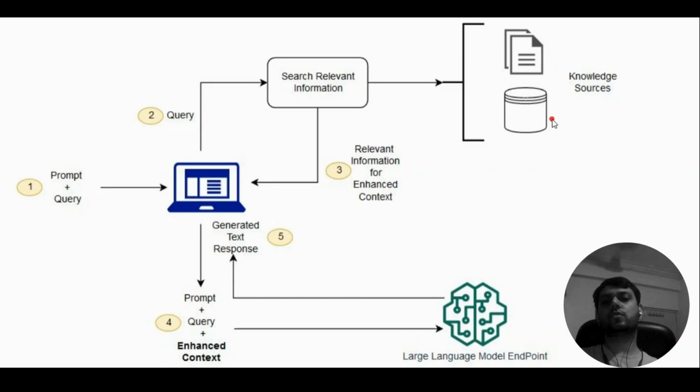Whenever a user asks a query, a retriever will try to retrieve the top three related documents for that query, which we consider as context.